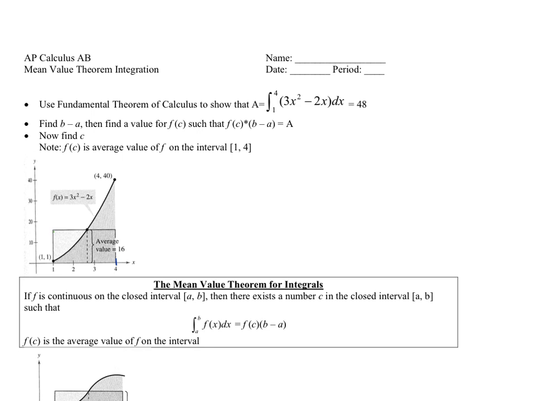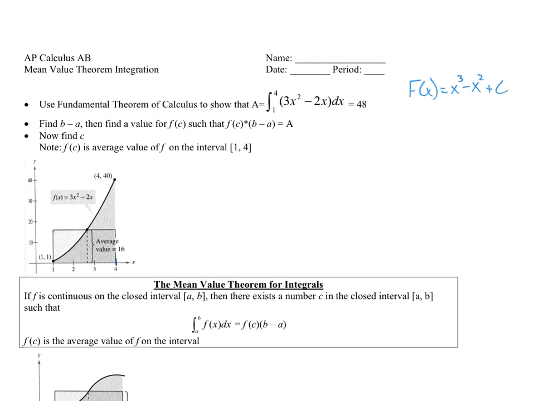Okay, so we've got this parabola. You can see it down here. We're doing the integral from 1 to 4. All right, so the antiderivative would be 3x cubed over 3, so just x cubed, minus 2x squared over 2, so minus just an x squared, plus the c.